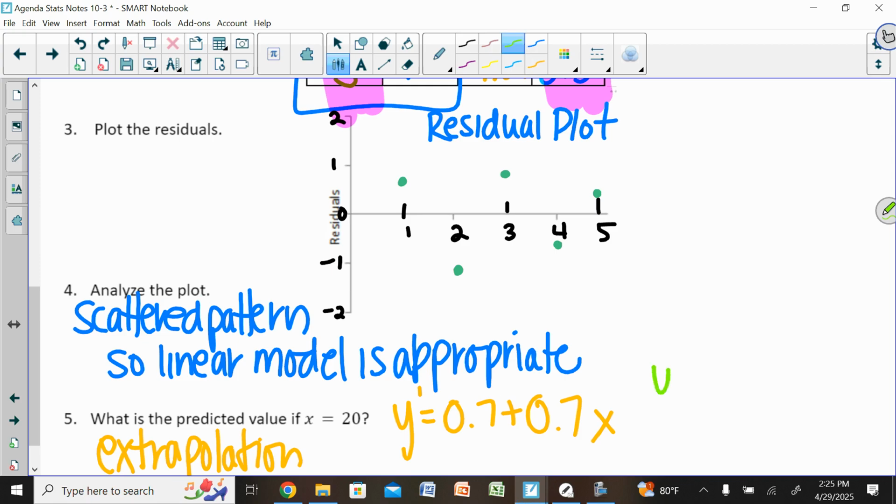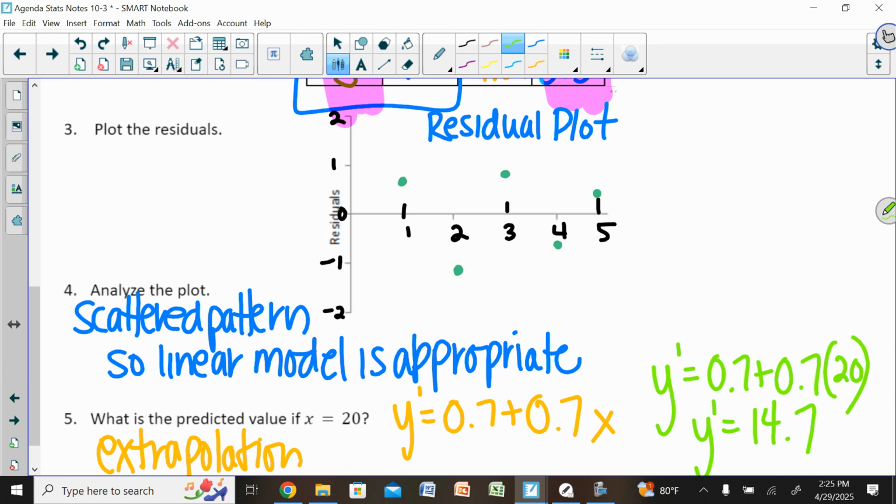So I could say y prime equals 0.7 plus 0.7 times 20, calculate that out, and my predicted value would be 14.7. I don't have an actual value for that, so I can't really go anywhere else with it.